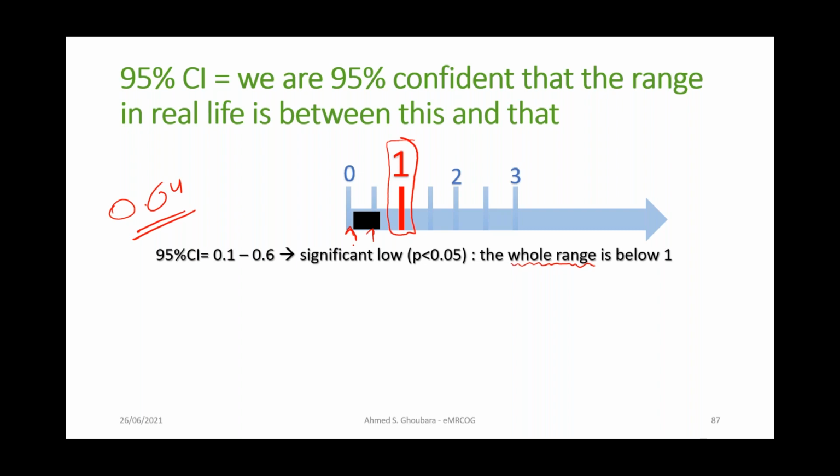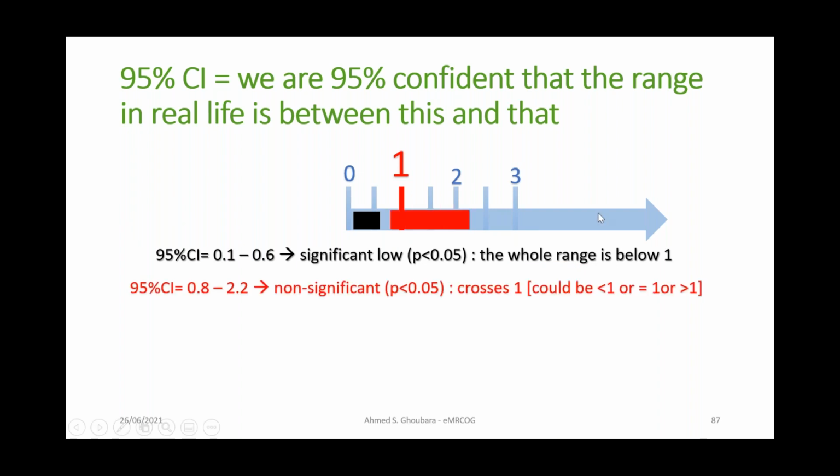Next example. This time, see this: 95% confidence interval, 0.8 to 2.2, from here to there.